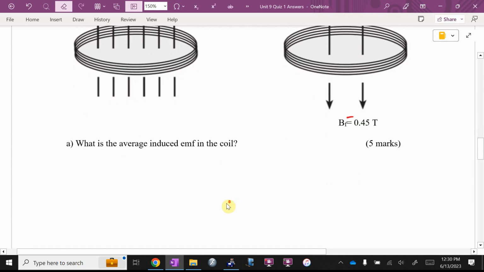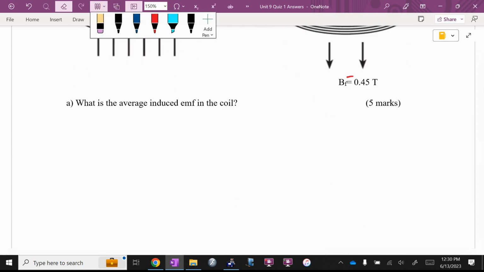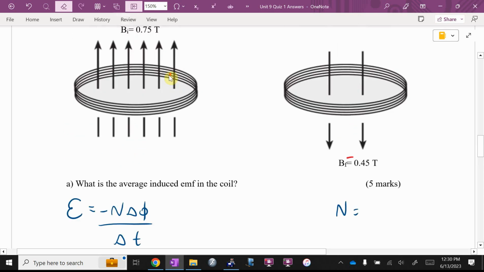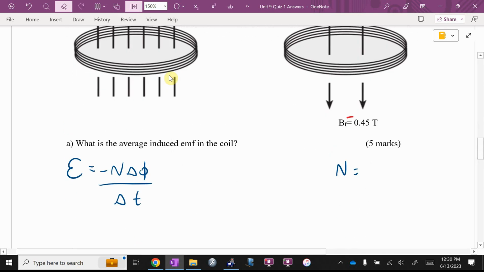Once the average induced EMF in the coil, again, that's going to be Faraday's law because it's a coil. It's going to be negative N, change in flux over change in time. This time, I don't think N is 1. N, 750. The change in flux is going to be the final flux minus the initial flux.